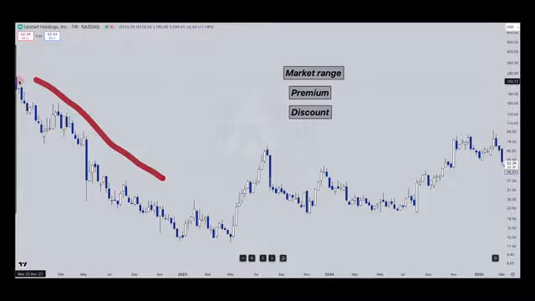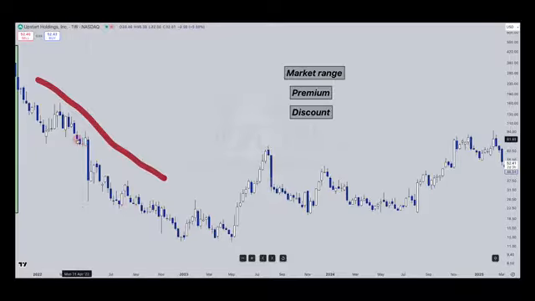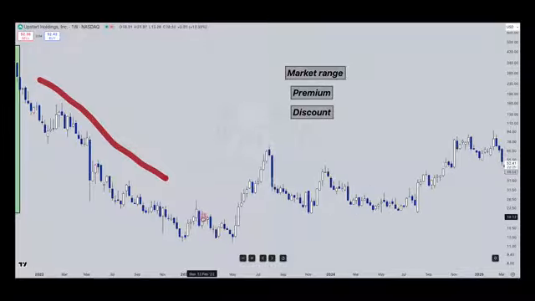There will be sharp lethargic movements to the downside. And then you will see retracements back into that range created by that impulse swing. And then you see another sharp lethargic move downwards, and it continues. And that impulse swing will always be in the direction of the trend until the trend changes.